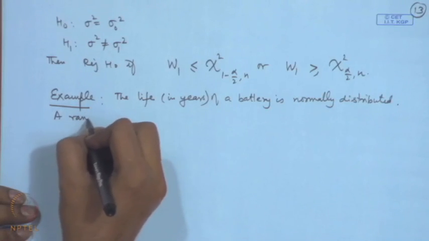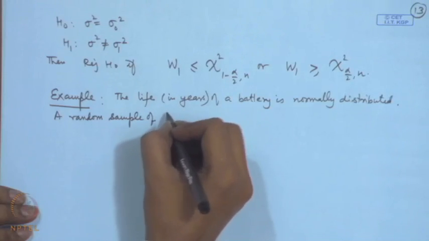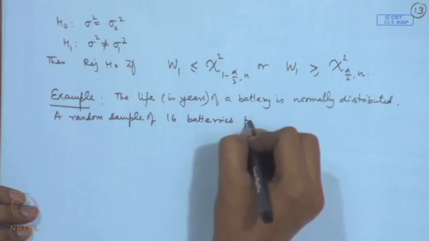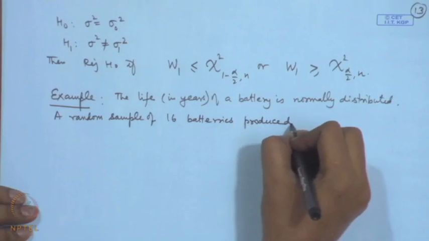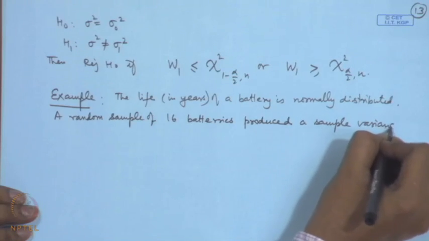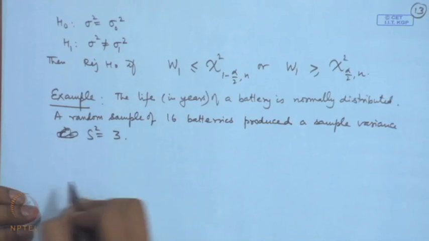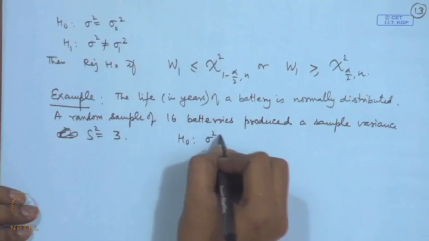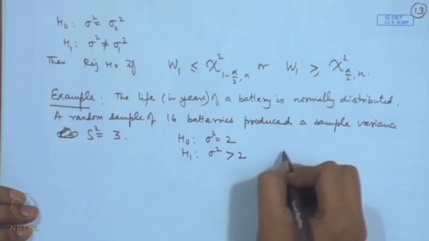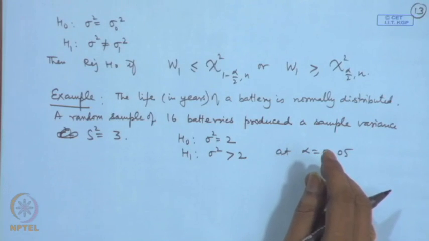A random sample of say 16 batteries produced a sample variance S square is equal to 3. We want to test the hypothesis sigma square is equal to 2 against say H1: sigma square is greater than 2 at alpha is equal to 0.05 level of significance.